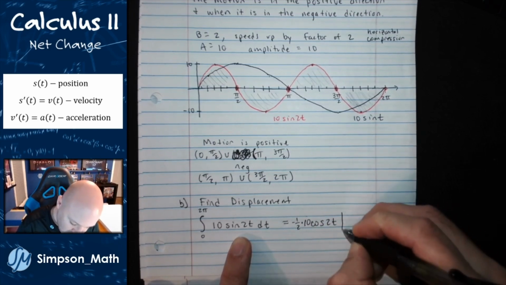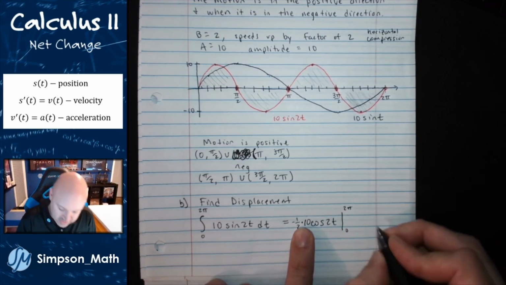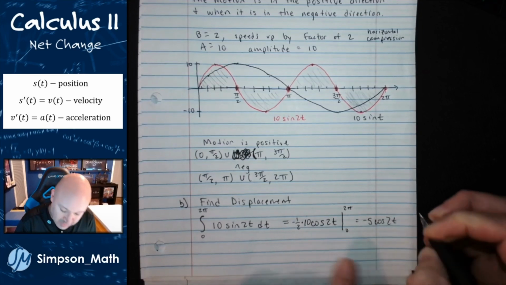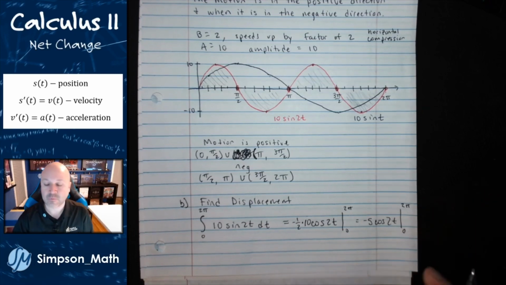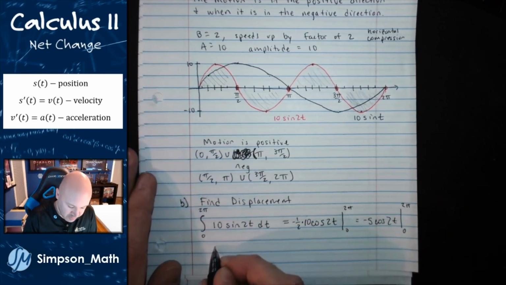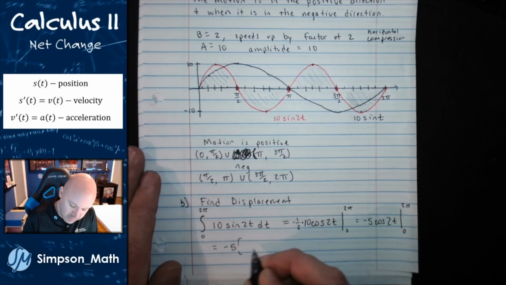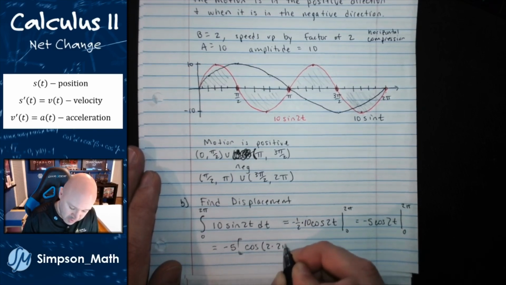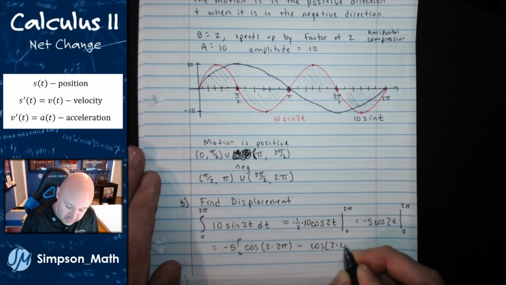But I need to evaluate this thing from 0 to 2 pi. Well, that's just negative 5 cosine double angle. I'm supposed to evaluate this thing from 0 to 2 pi. Okay, I can do some algebra here. This is cosine double 2 pi minus cosine double 0.